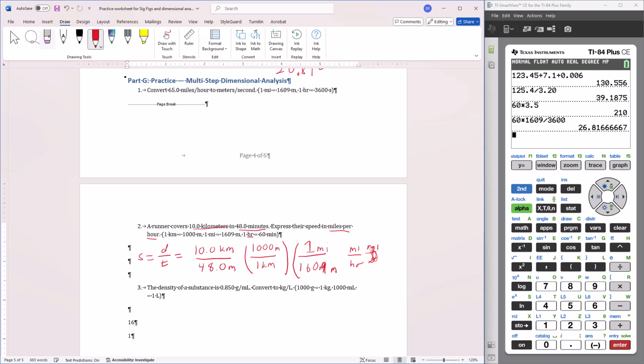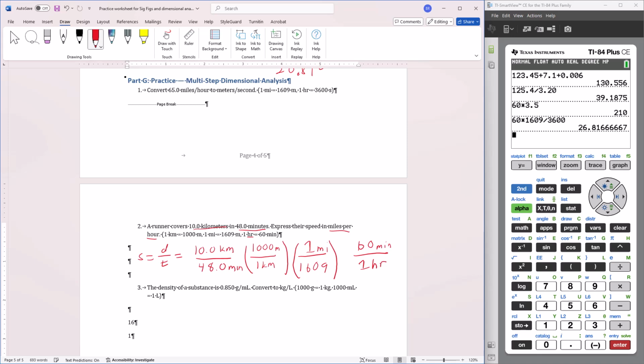Now I need to give myself a little bit of room here, so let me go ahead and clean this up. And then finally, I notice here I have minutes in the denominator. So to get rid of the minutes, I want minutes in the numerator, 60 minutes over 1 hour.